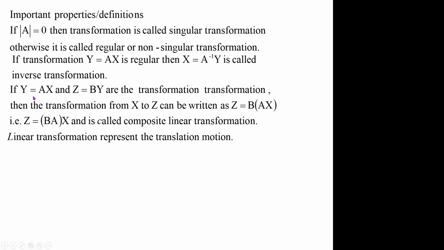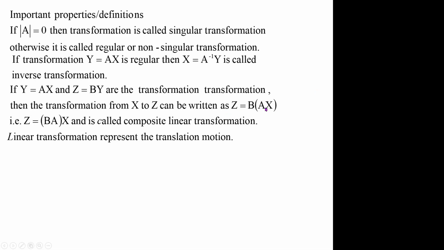What it says is that if we have one transformation y is equal to Ax and another transformation z equal to By, then the transformation from x to z can be written as z is equal to By, but y is nothing but Ax. So put y as Ax over here.